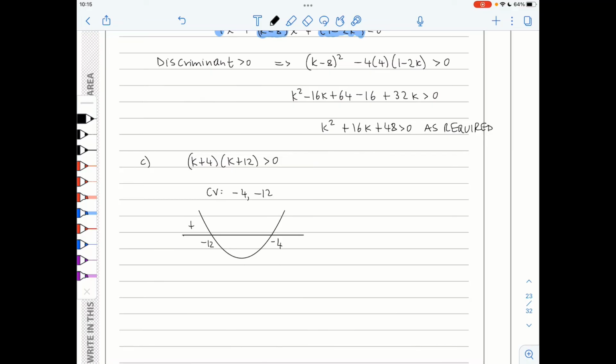It goes plus, minus, plus, and we want to be positive. So the solutions are on the tails. So it's all k such that k is less than negative 12, or all k such that k is greater than negative 4. So these are the solutions we get here.